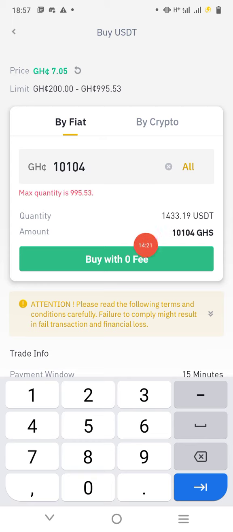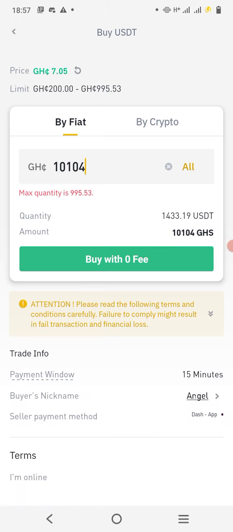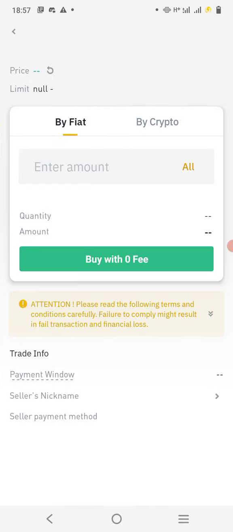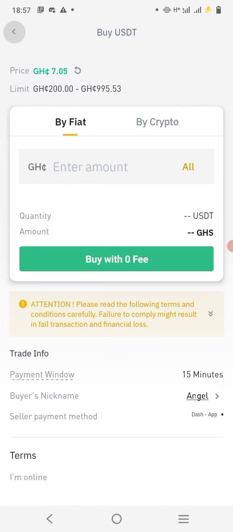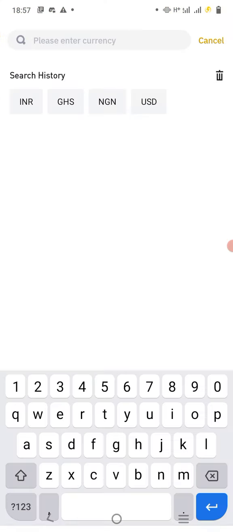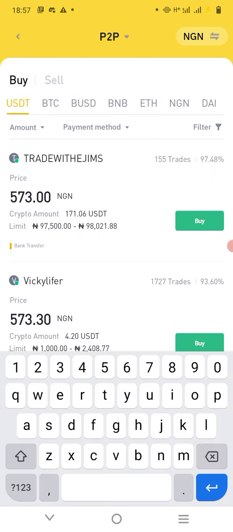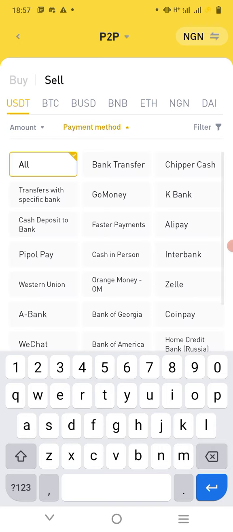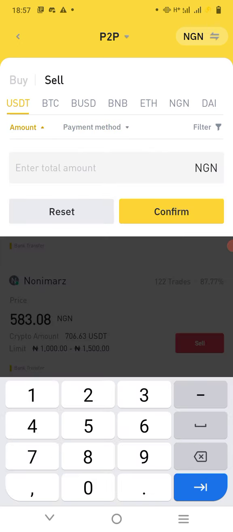This is actually 1433.19, so we're going to take note of that. I'm going to go to Nigeria and see what this will actually give us. For $1,000 it is obviously about 500,000, but I don't want to waste time.